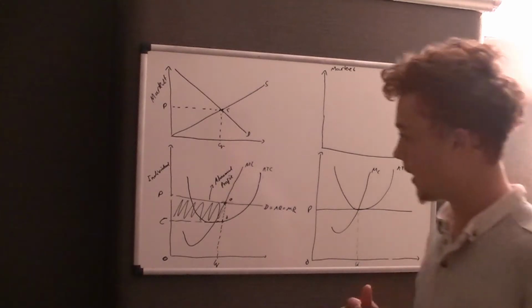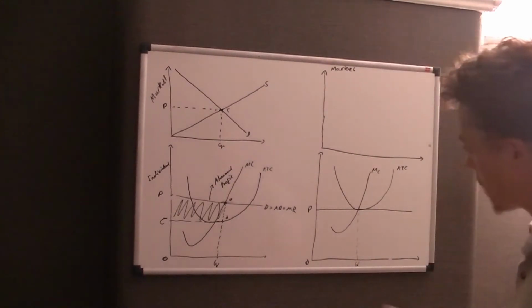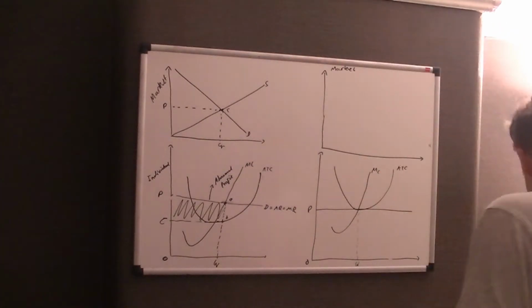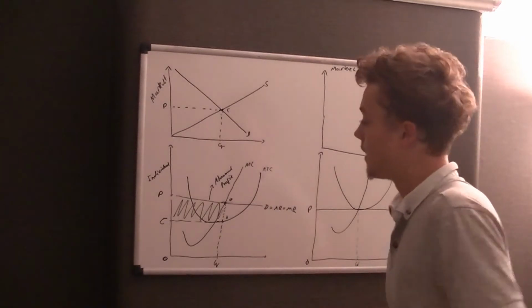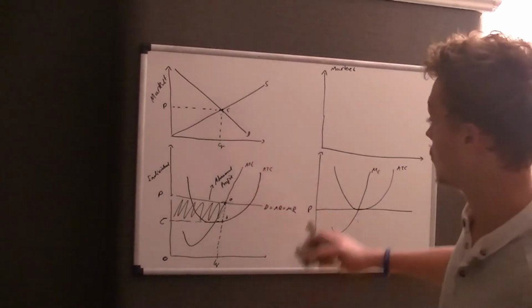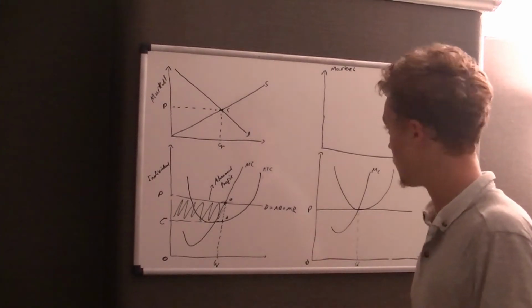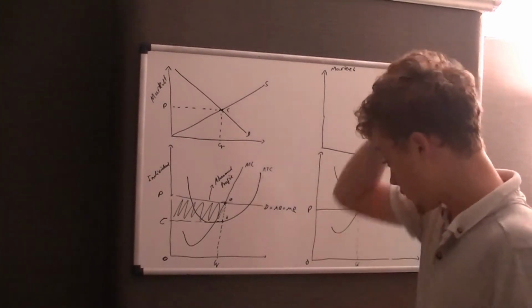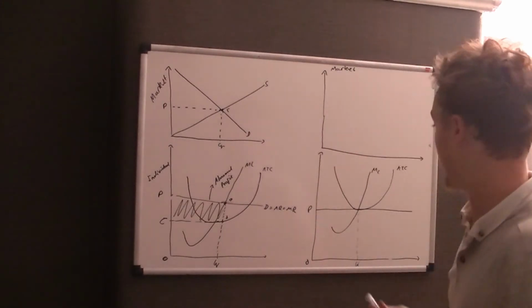Now we have to look at that with respect to the markets. I should have drawn three diagrams there, but I'm just going to rub the extra bit out. Now this market, that's what it looked like in the short run, but in the long run, new firms are entering the market because of this abnormal profit.